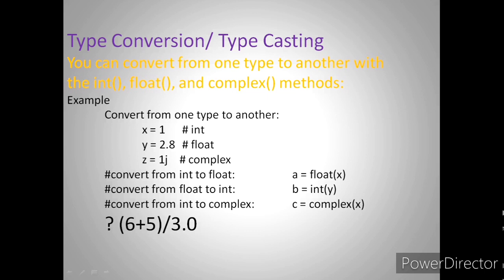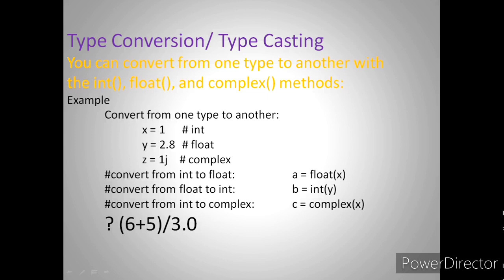So what statement will I write? a is equal to float(x), isn't it? If I want to convert from float to int, I will say b is equal to int(y). If I want to convert from int to complex, we can say c is equal to complex(x). Can we convert complex to any other data type?